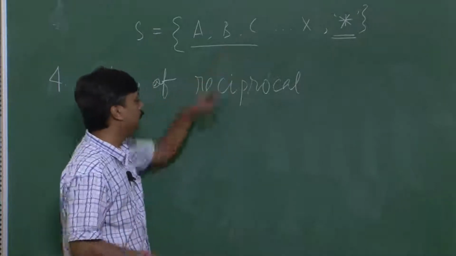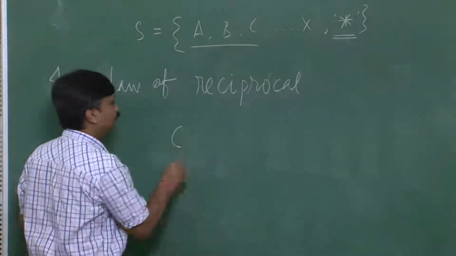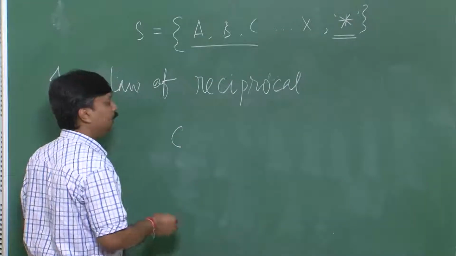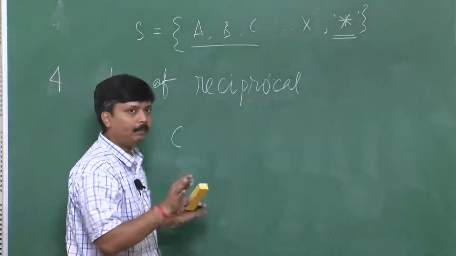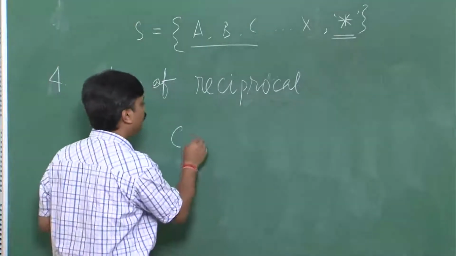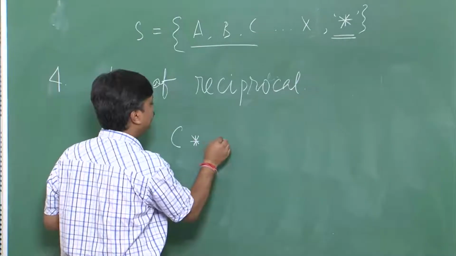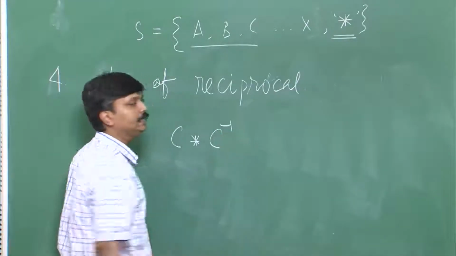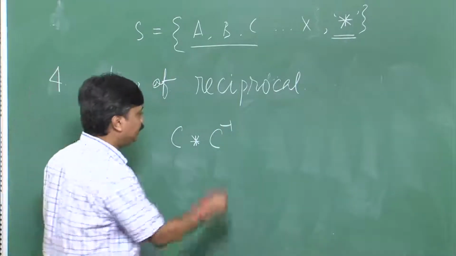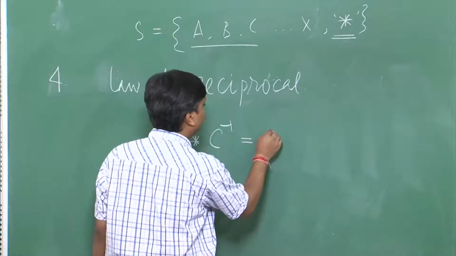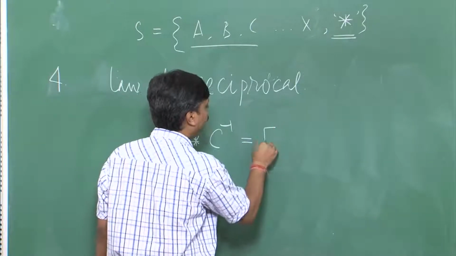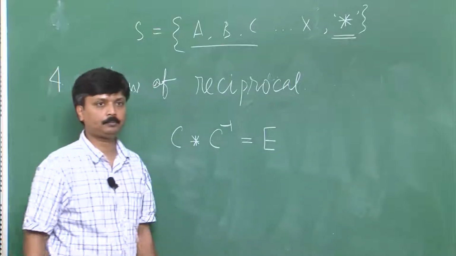So I choose say C, C belongs to S, then there must be some element which will be reciprocal of C, which is written as C inverse, right, such that this combination will give me identity.